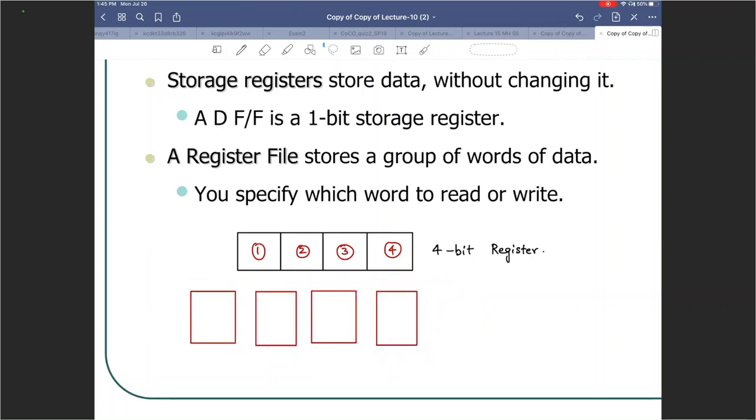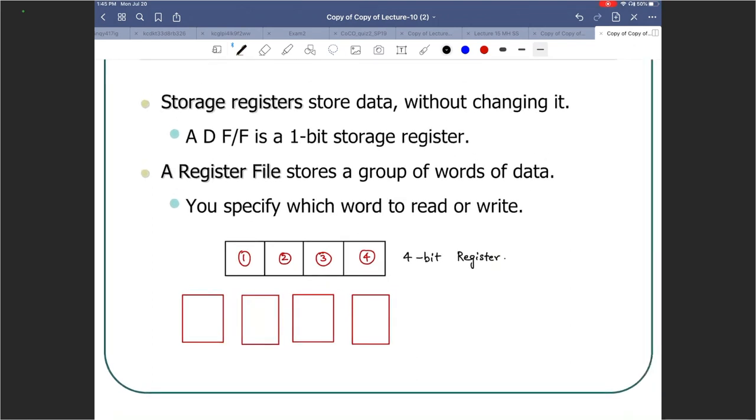So the output of these flip-flops is actually the register, the placeholder. So the output Q of the first flip-flop is the first bit. The output of the second flip-flop, let's call it the second bit in the 4-bit register. Then the third bit. And then the fourth bit.